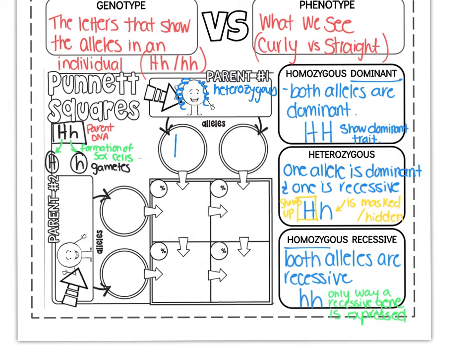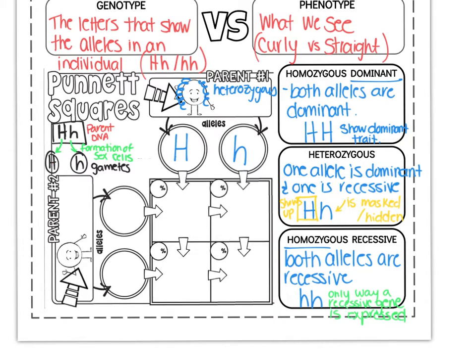So that means that they have either a big H gamete, a sex cell, or a little h gamete, or sex cell. Remember, this would happen in like one egg. They have a 50-50 chance of passing on that gene.